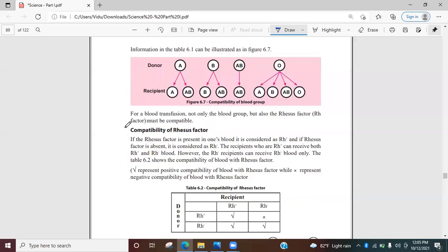Compatibility of rhesus factor. When we are doing a blood transfusion, not only the blood group but also the rhesus factor, or the RH factor, must be compatible.